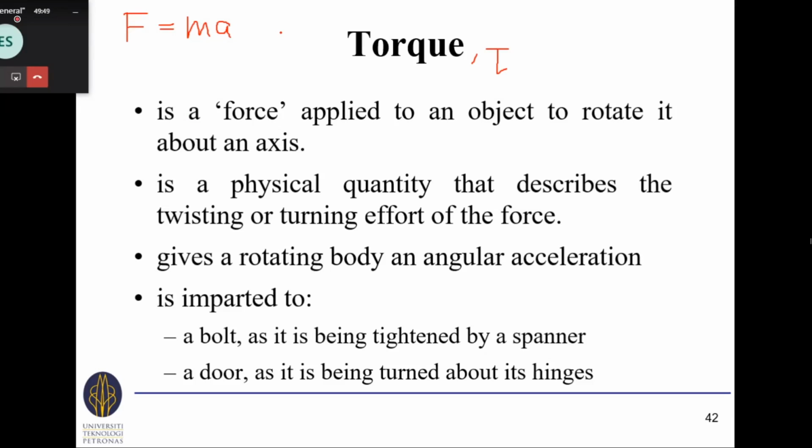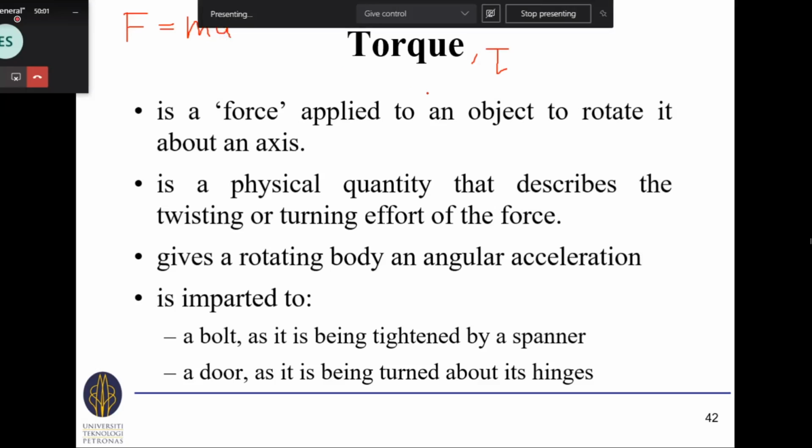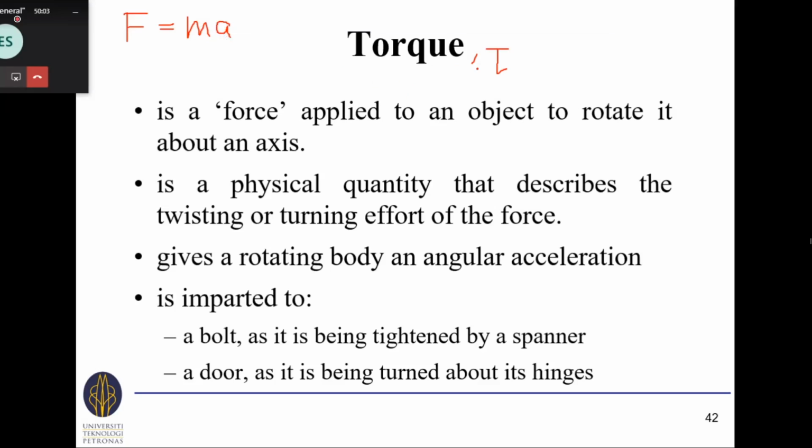In a rotating object, the thing that contributes to the rotational motion is what you call torque. The symbol is something like a T with a tail like that. I think it is called tau, a Greek letter. Again, you can check. It is called tau, and it is the symbol given to torque.